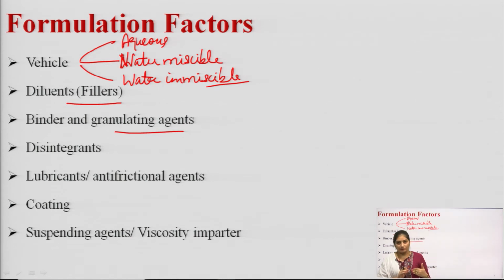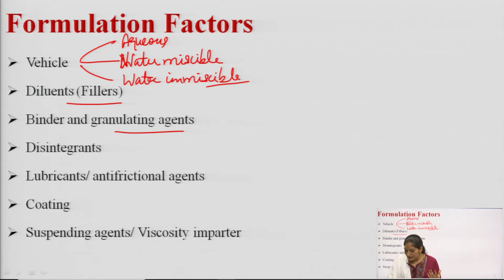In case of tablet, if the binder concentration is higher, the tablet will have more hardness, and if the tablet is hard, the disintegration time will be more and the drug dissolution time will also increase. So, absorption will be slower.